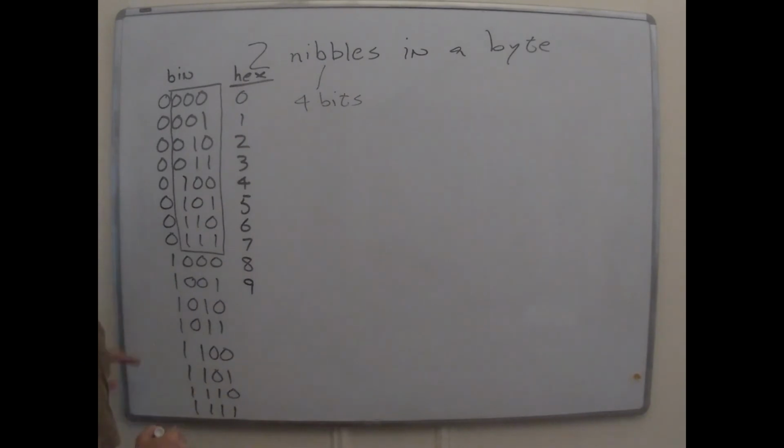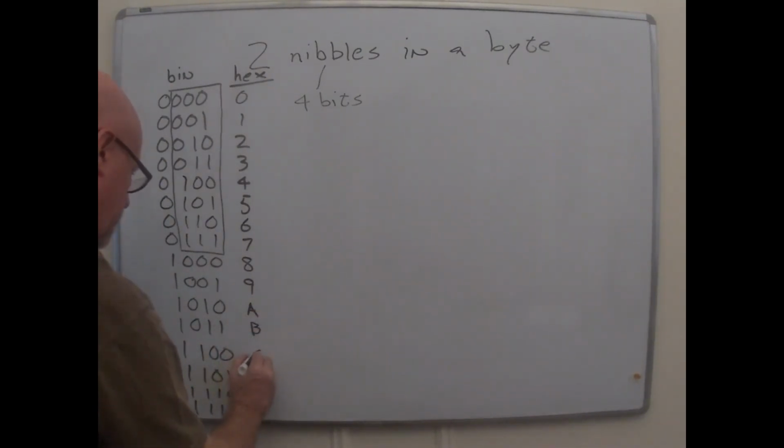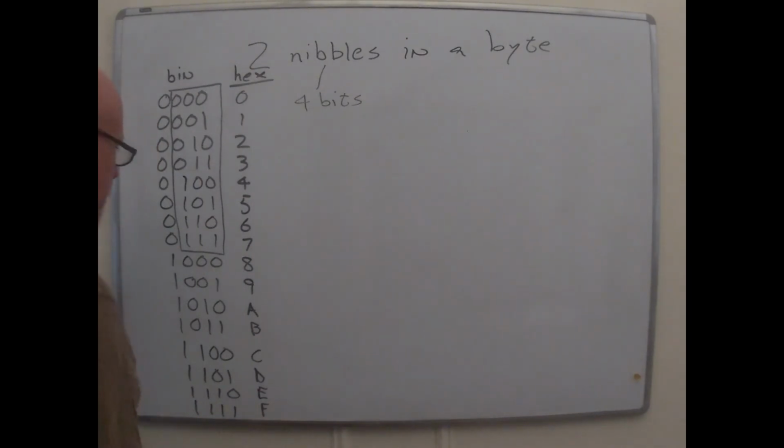This is 9. When you hit 10 though, that would be a 2-digit number, so that's where we switch over to using letters. People usually use capital letters for hexadecimal. So 0 through 9, then A through F. Those are your digits.